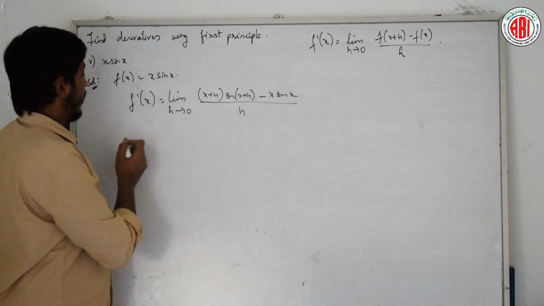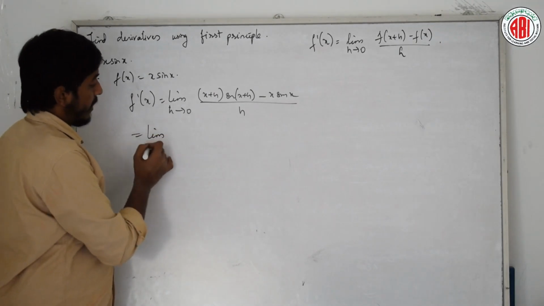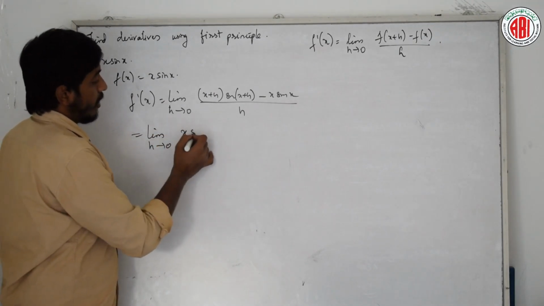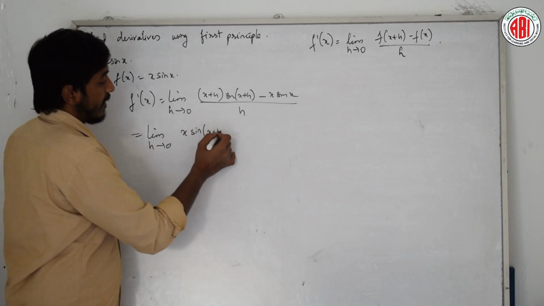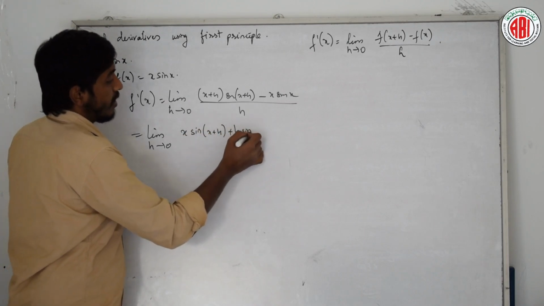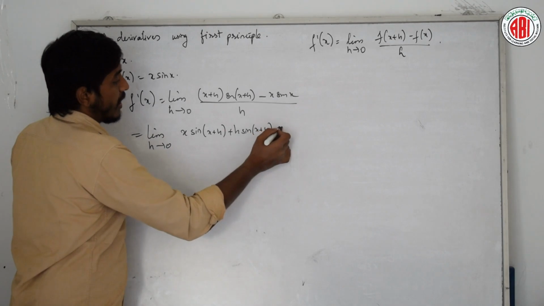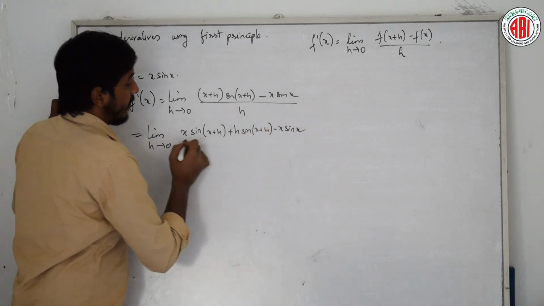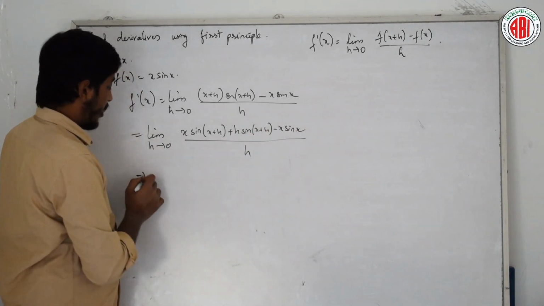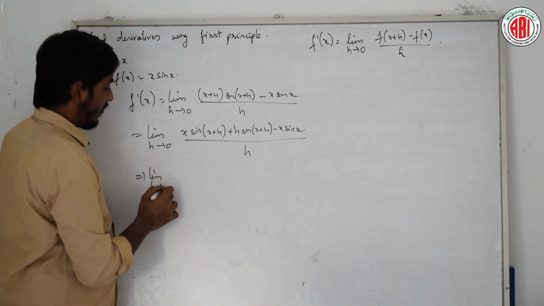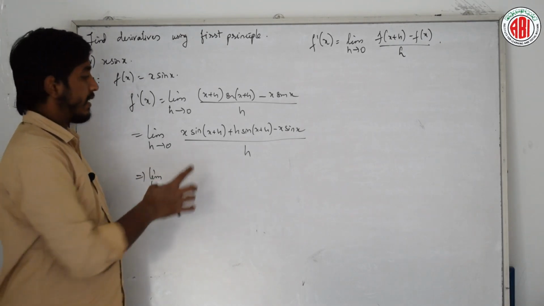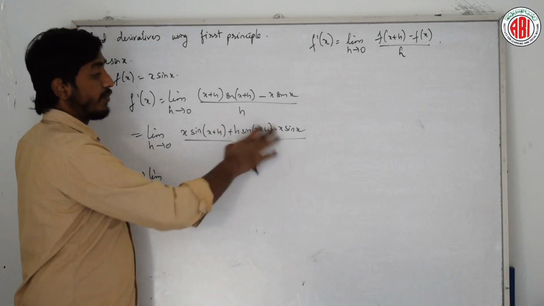Let us multiply it. That is limit h tends to 0 of x sin of (x plus h) plus h sin of (x plus h) minus x sin x divided by h. Now we can solve it in different ways. Let us take this x common from these two terms.